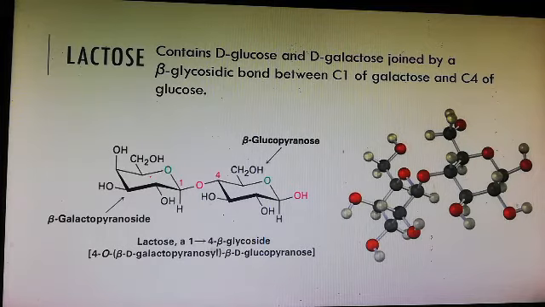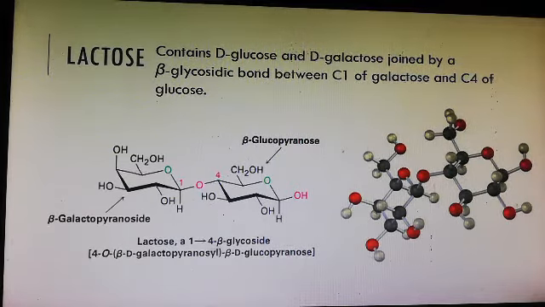Kanina yung ating maltose ay same unit ng glucose, yung 2 units of glucose, so same unit ng monosaccharide. Dito sa lactose natin, meron siyang 2 different monosaccharides. Meron siyang glucose at galactose.